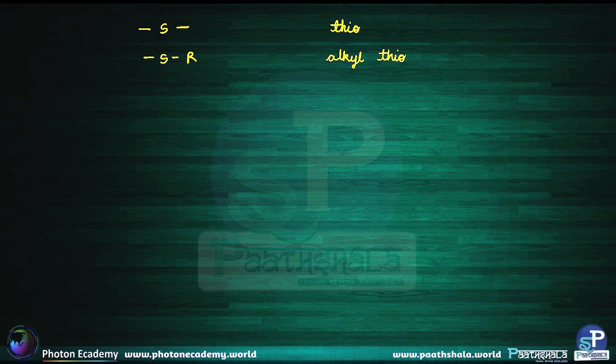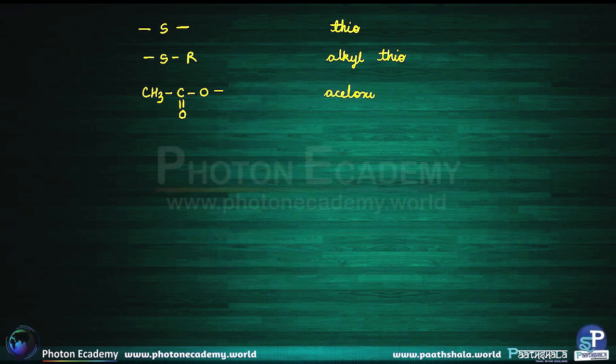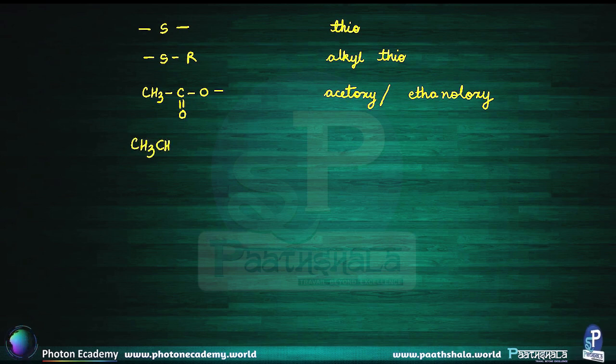Next, if we have CH3 C double bond O, O group, then we call this acetoxy, or we can call this ethanoyloxy. Next, if we have CH3CH2 C double bond O with an O, we call this propanoyloxy.